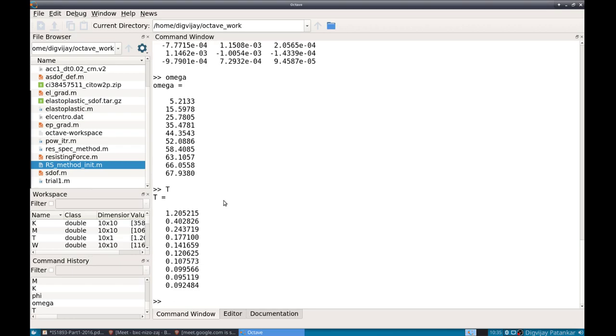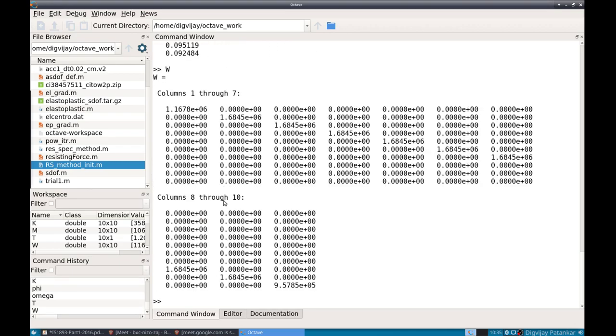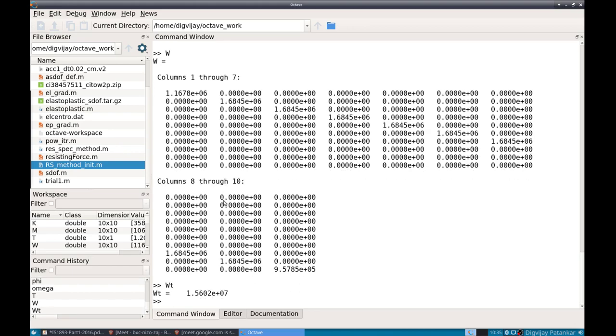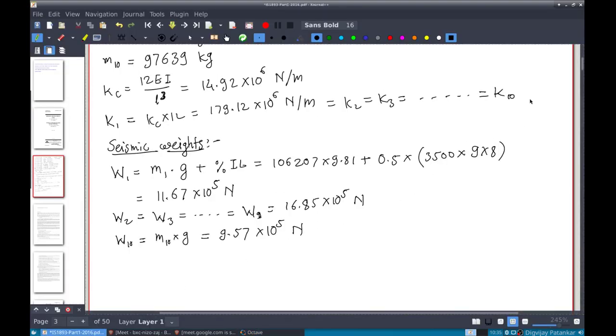And we have W, that is the weight matrix, which is also diagonal, you can see that clearly. And W total, the total seismic weight. So all these quantities are obtained. Now let us go to the IS code and see what it tells us about the next steps.